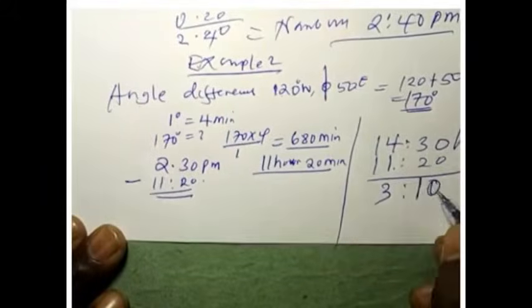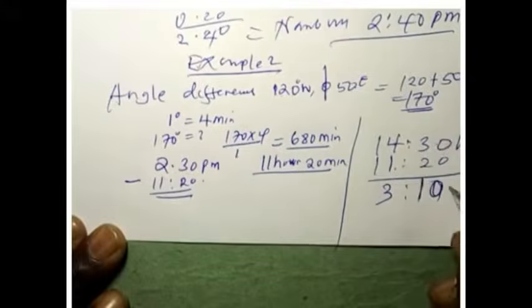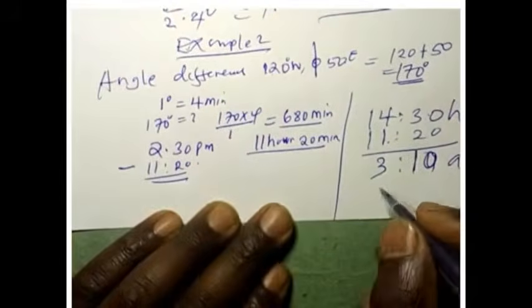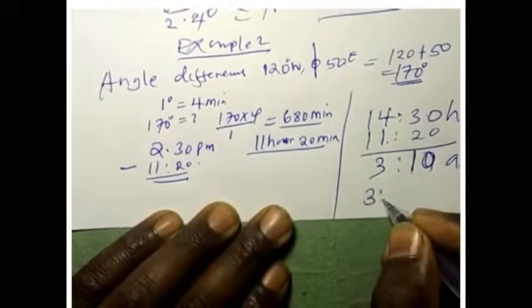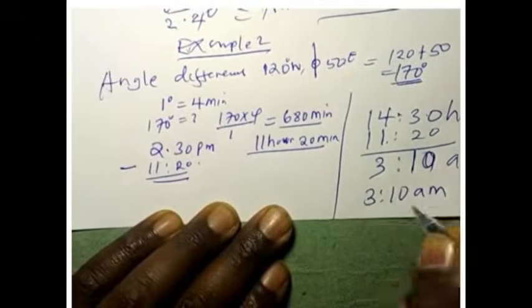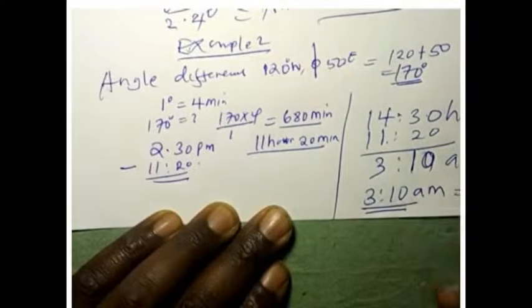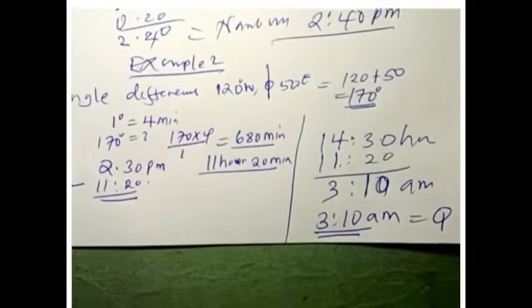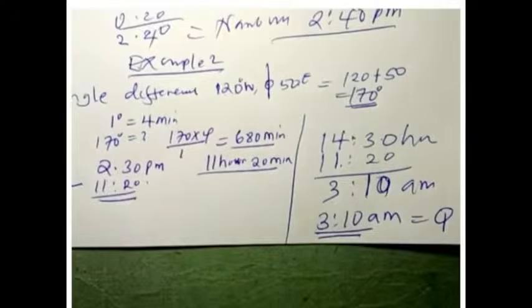So remember, this was p.m., so this one most probably is a.m. So the answer is 3:10 a.m., and that is the time in place Q. You subtract if the time asked is to the west.